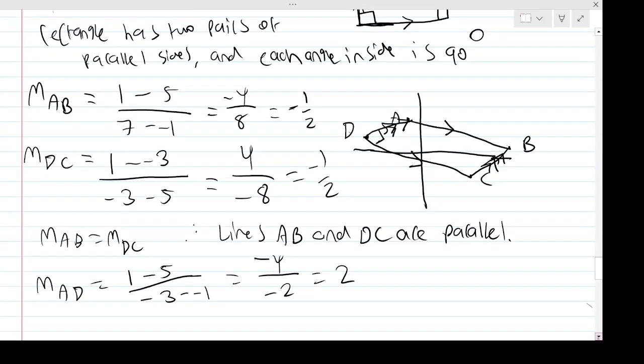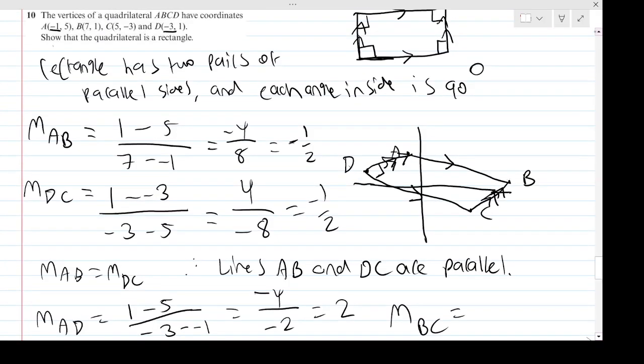Okay, but then I'm going to do the same for the other line, BC, m_BC, that line there. So the opposite of AD. So then m_BC, again, the gradient between B and C now, here and here. Well, let's take C then.